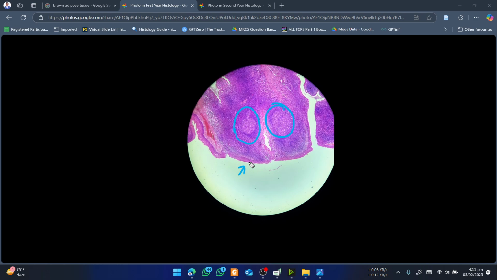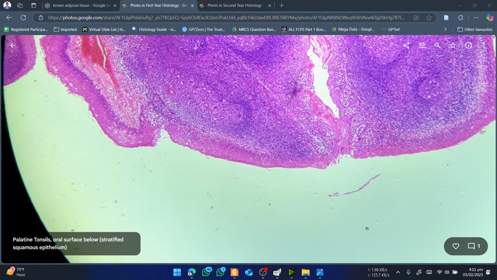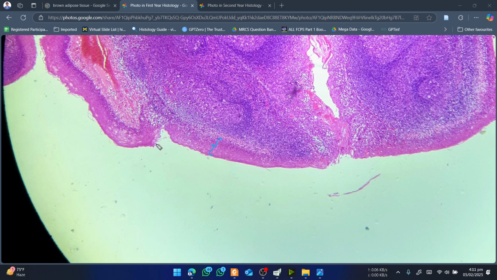If you concentrate a little, you can see the outer layer consists of stratified squamous non-keratinized epithelium, covering the back of the pharynx.